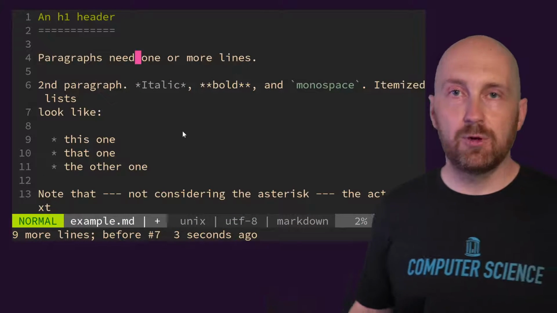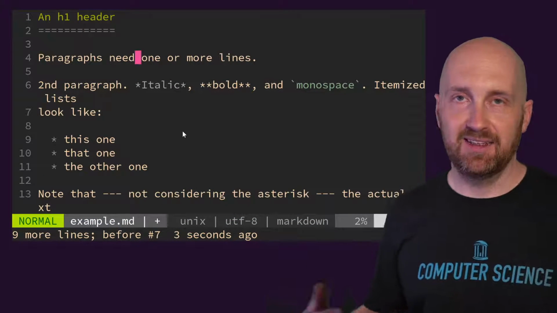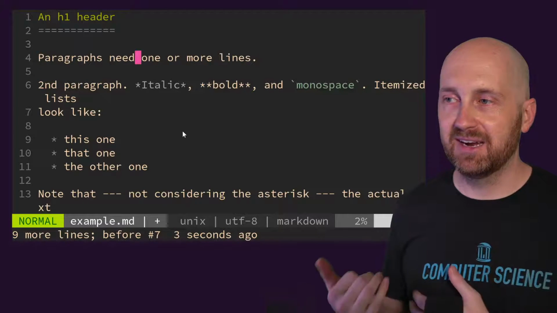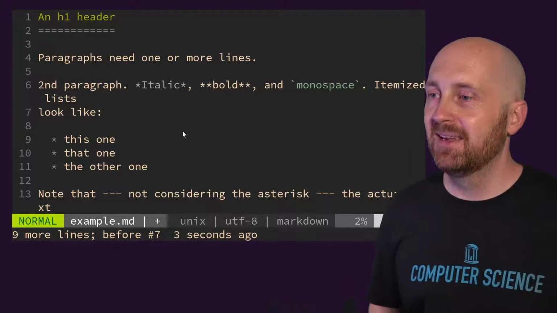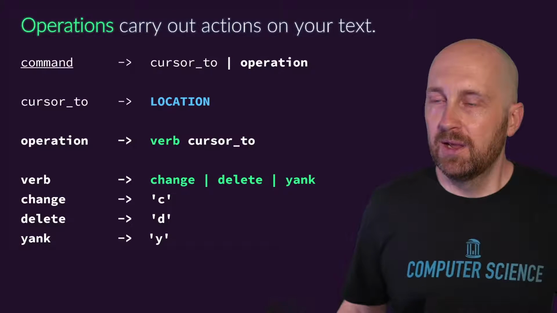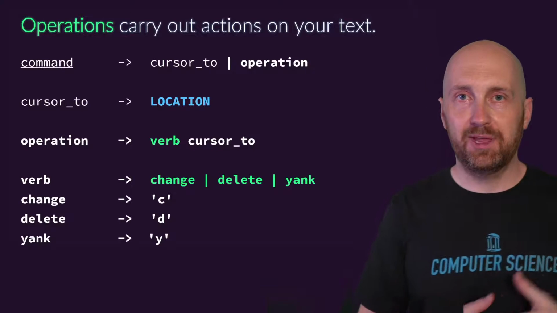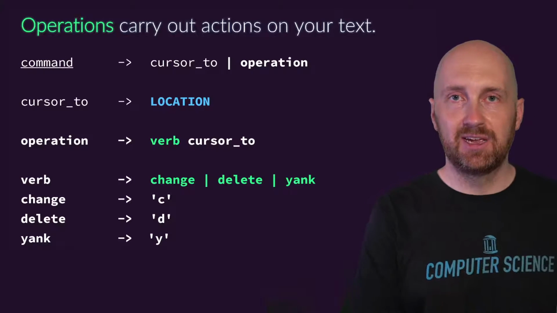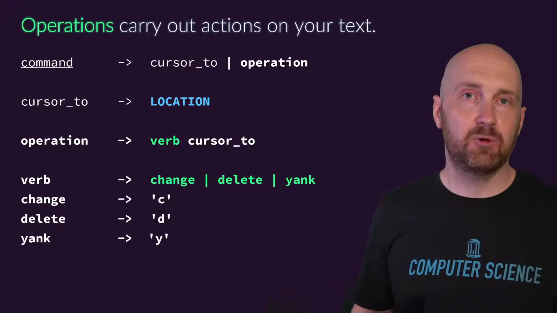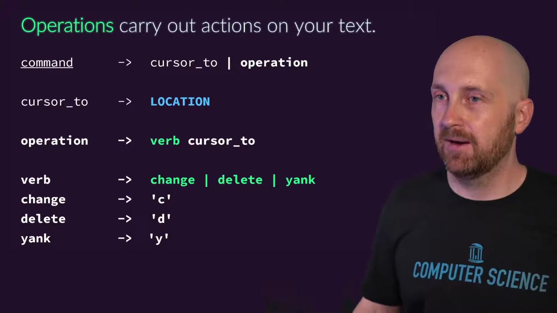I just did Control open square bracket and U to undo the last thing that I did. And that's something you'll commonly find yourself doing. Just U to undo, and you'll be back to where you started. So this idea that we can combine some verb action with any of these locations allows us to express quite a few different types of commands than you otherwise would be able to.